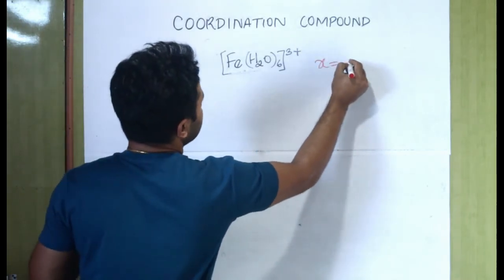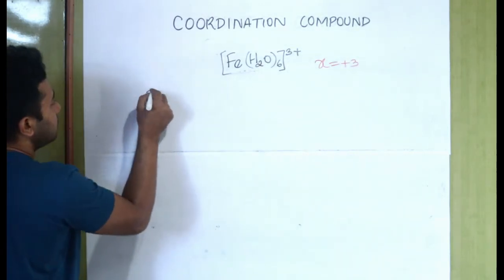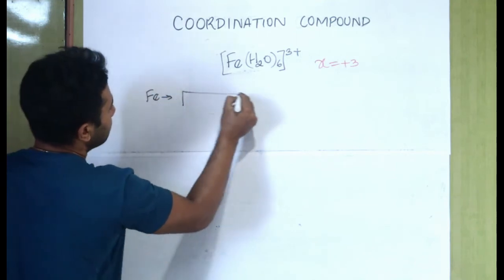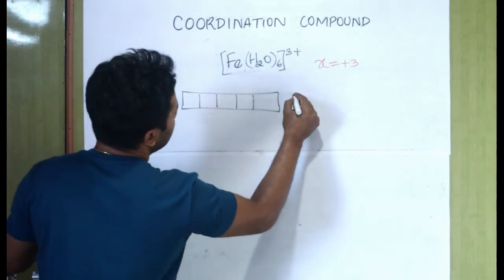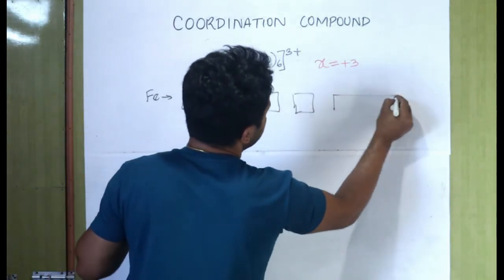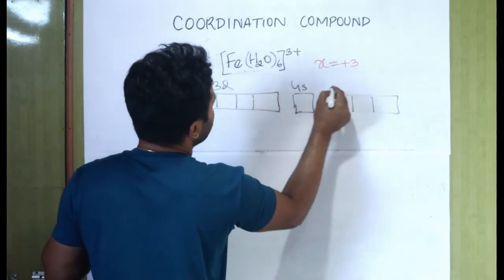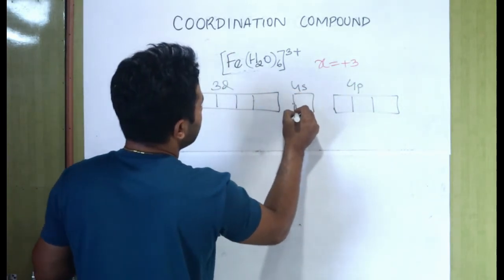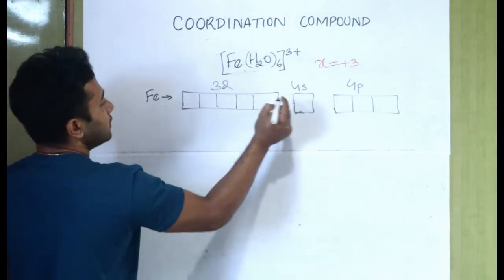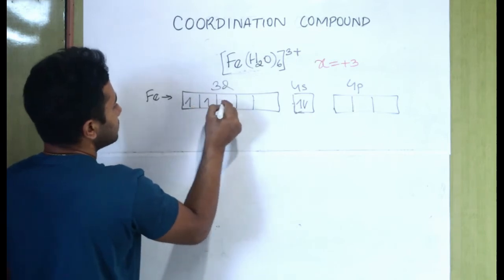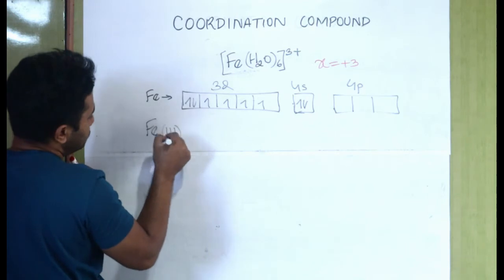So we have x equal to plus 3. So out here for Fe, the d orbital, s orbital, and p orbital: 3d, 4s, 4p. Out here we have 4s2 3d6, again Fe3+.